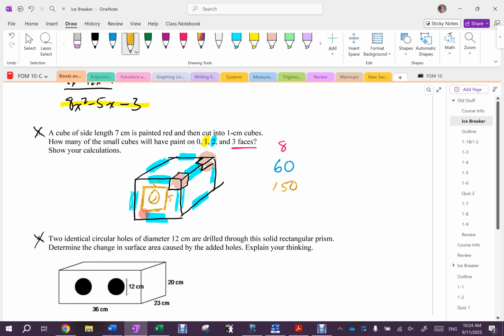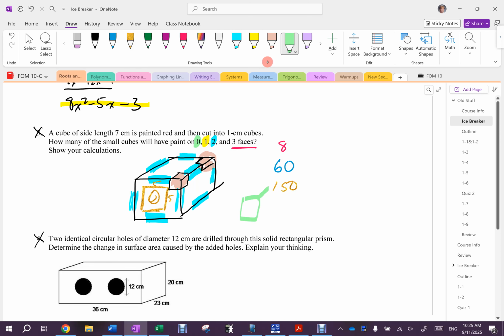Now, how many have no color? Where would have no color? Here's the cube I built. If I take it apart, only the very middle has no color, right? So the middle of this cube is 5 by 5 inside on one face, yes?